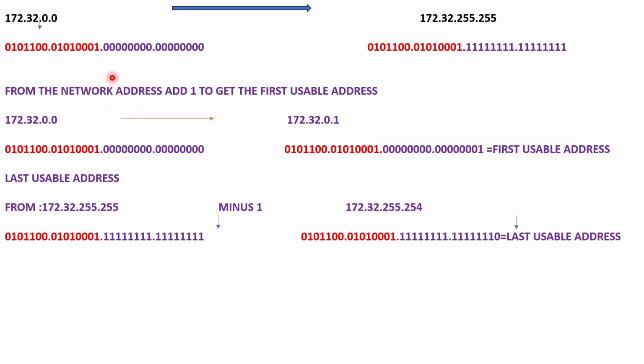The principle is the same. We convert it into binary code first. And this is a /16 network. So the first 16 bits, as you can see here, represent the network portion, but the remaining bits represent the host portion. So here is where we're going to assign our addresses, in the host portion.